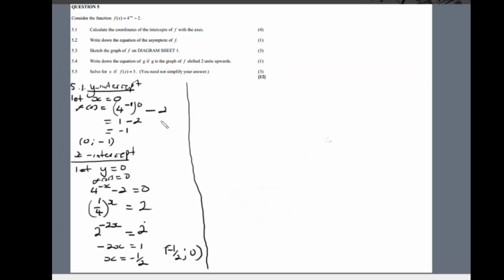Okay, and then siyaku 5.2. For 5.2, they want us to write down the equation of the asymptote, right? We can write 5.2 there. The equation of the asymptote is, we look at that value.